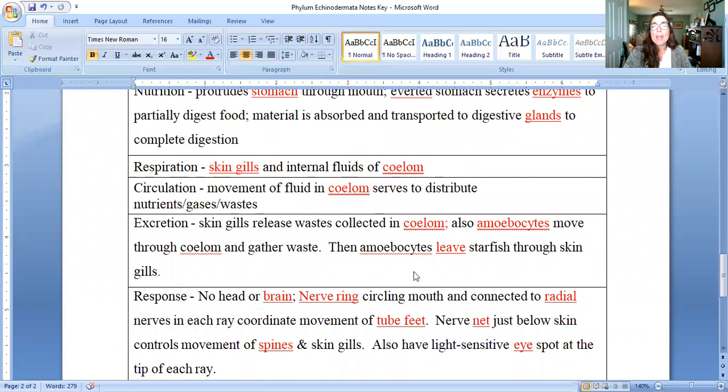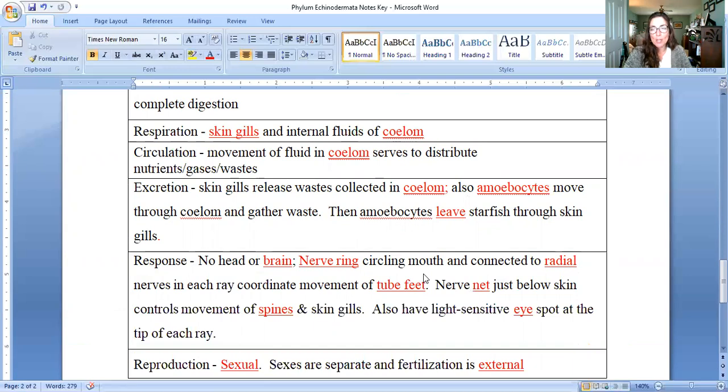They also have these special little cells called amoebocytes, which mean amoeba-like cells, that can actually move through the coelom and pick up waste, and then they exit through the skin gills and they just take the waste off and they never return. So that's another way that they can get rid of waste.